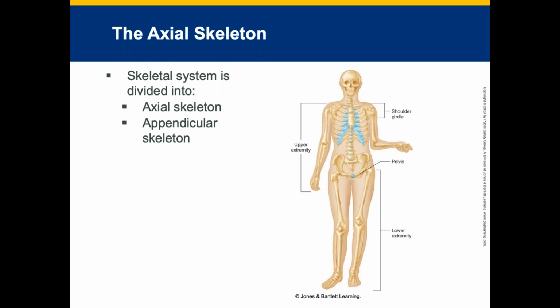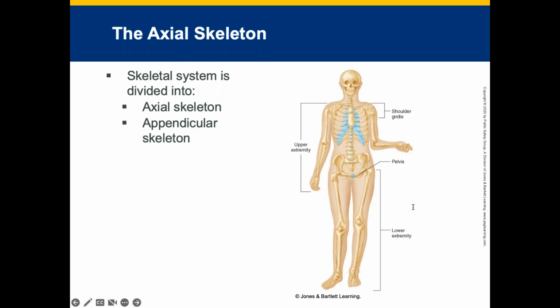So the skeletal system is divided into the axial skeleton and the appendicular skeleton. The axial skeleton is composed of the skull, thoracic cage, and vertebral column up in here, right? The appendicular skeleton is composed of the arms and legs and their connection points and the pelvis, right? So axial, appendicular.